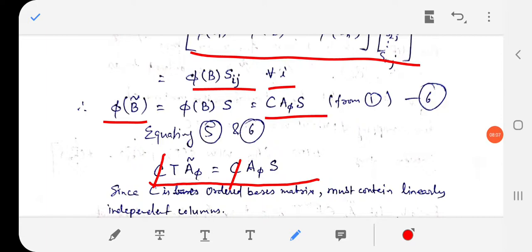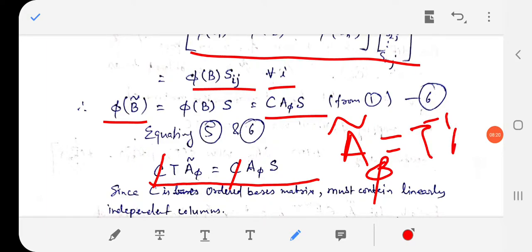This I can cancel. So ultimately what I get is A phi tilde equals T inverse A phi S, right? So that is the beauty, because now you have A phi tilde, and this A phi tilde can be written as T inverse A phi S.